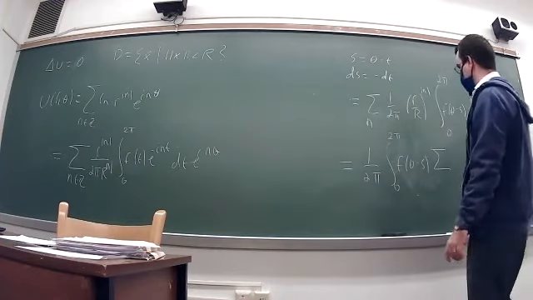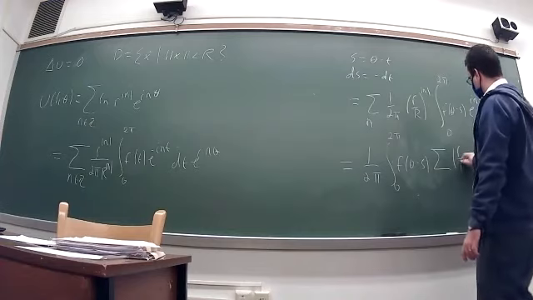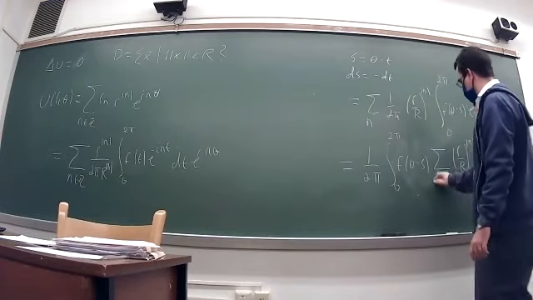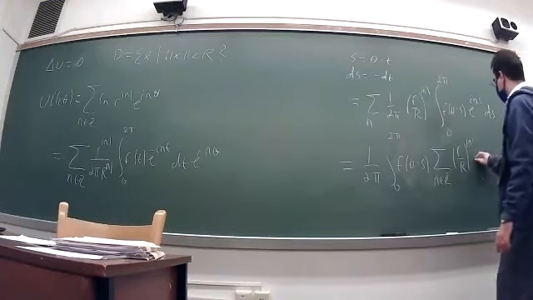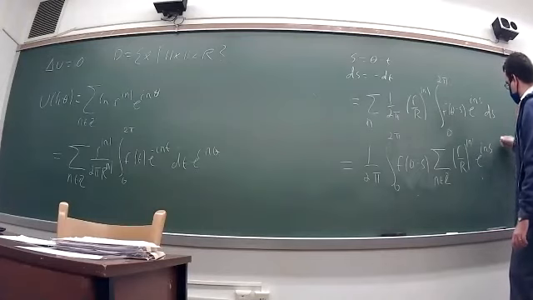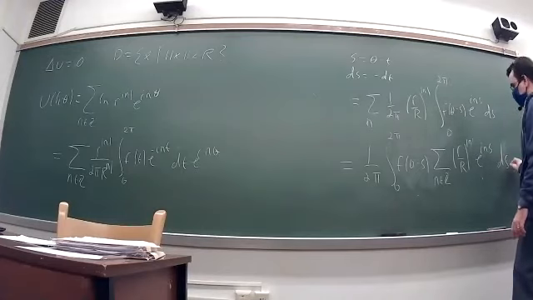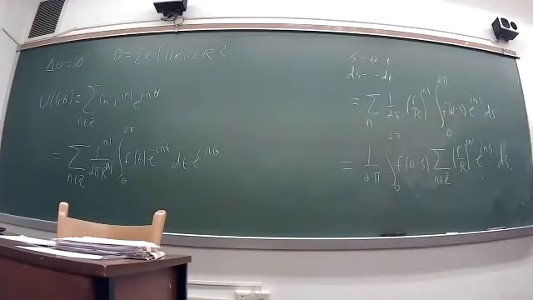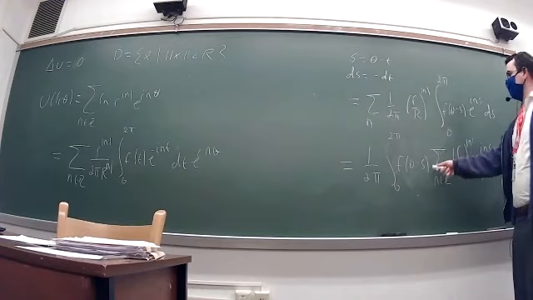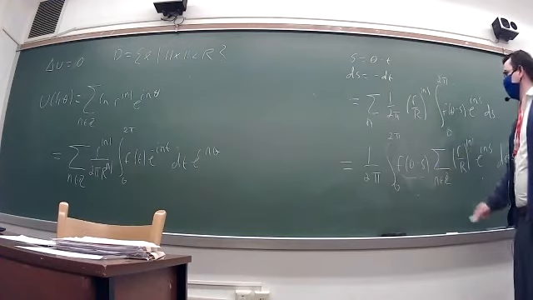Times the sum of r over capital R, absolute value of n, n and z, e to the ins, ds. So that's all legitimate. I didn't pull this out in front of the integral. This stays inside the integrand.